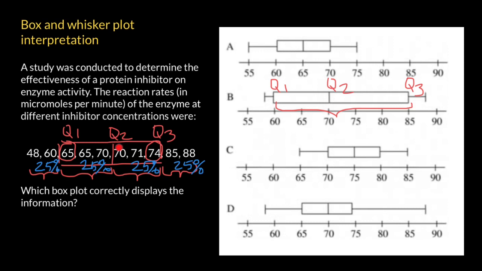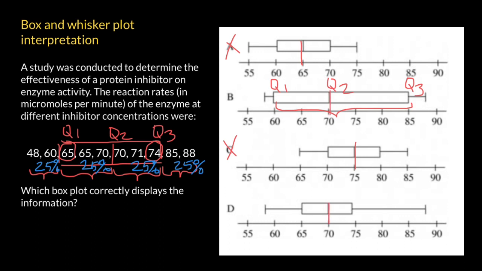Because we have found that our median is 70, we can exclude variant A, because as you see the median here is 65. We can exclude variant C because the median here is 75, but we cannot exclude variants B and D because the median is 70.